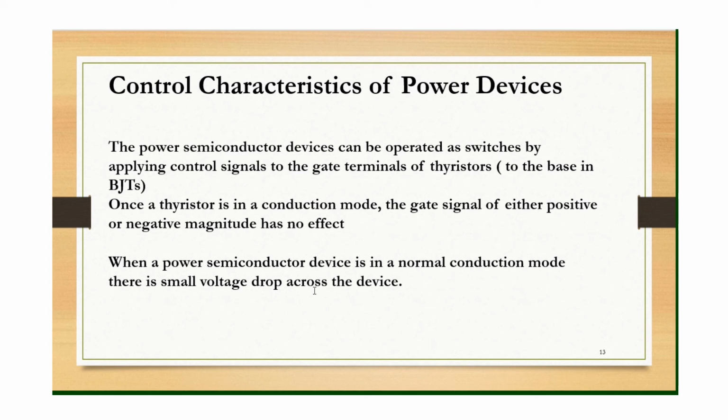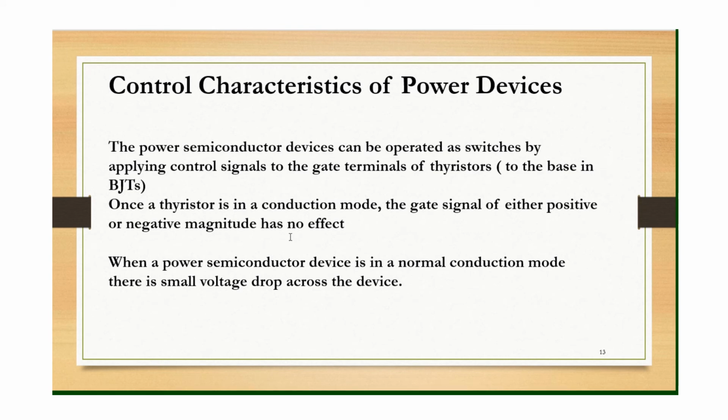Mostly these devices will be used as switches. They can be operated as switches by applying a control signal to the gate terminals of thyristors, that is SCRs. For SCRs, you need to give a control signal to the gate terminal, whereas in BJTs, you remember, we used to give a signal to the base of the transistor, right?